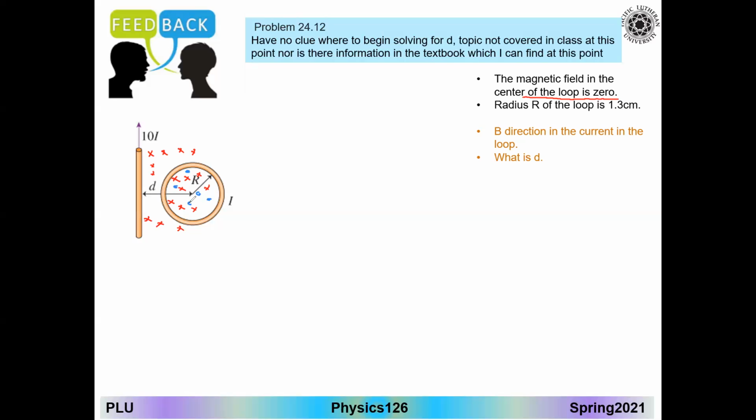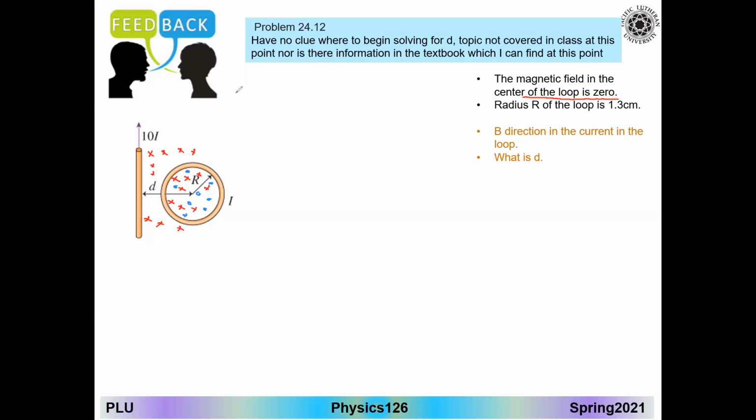That direction of magnetic field should point out to generate a field with the opposite direction to the magnetic field that comes from the wire. So here's the first one: the direction of the magnetic field will point out of the page.